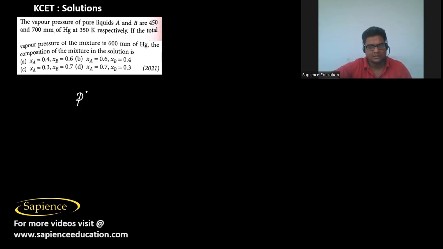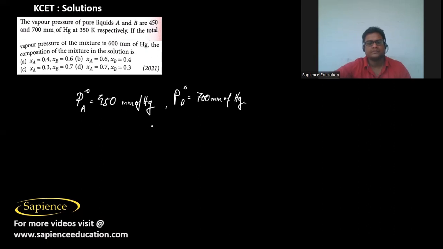So P naught A is given as 450 millimeter of Hg, and P naught B is 700 millimeter of Hg. It is the vapor pressure for the pure solvents. Now, if the total vapor pressure of the mixture is 600 millimeter of Hg, then the composition of the solution is?